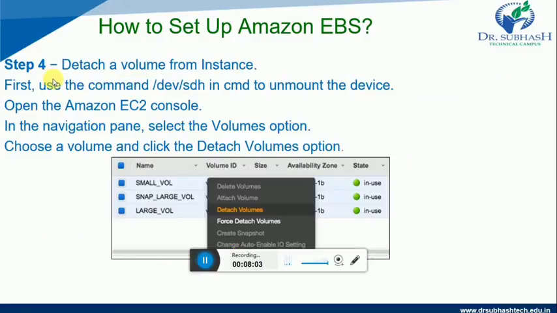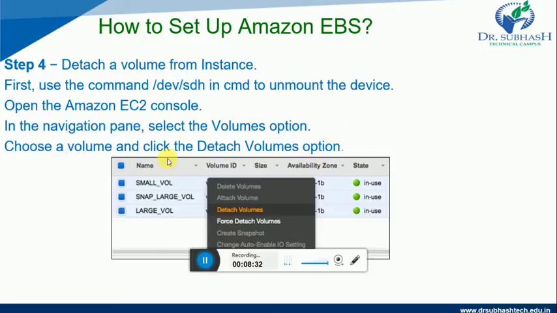Step 4 is to detach a volume from the instance. Here you can see in this picture you have to select this option, that is detach volumes. First use the command with /dev/sdh to unmount the device. Then open the Amazon EC2 console and in the navigation pane select the volumes option.